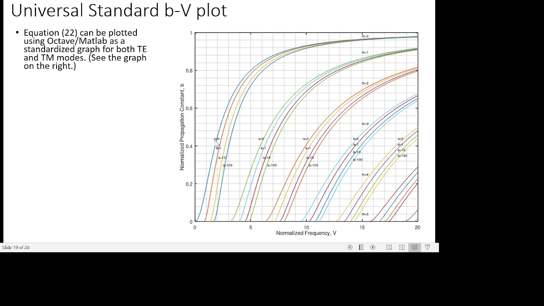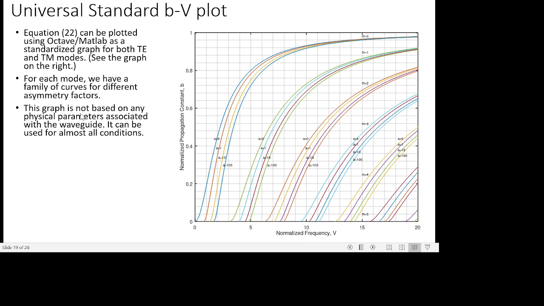So in here, A is equal to 0, A is equal to 1, A is equal to 10, A is equal to 100. Similarly, for mode 1, we got the same. And this mode curve can be applicable to TE mode and TM mode as well. This equation is not based on any physical parameters.